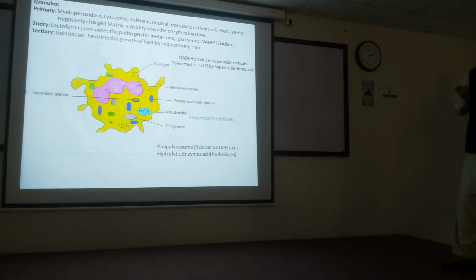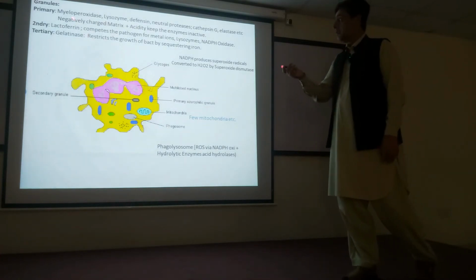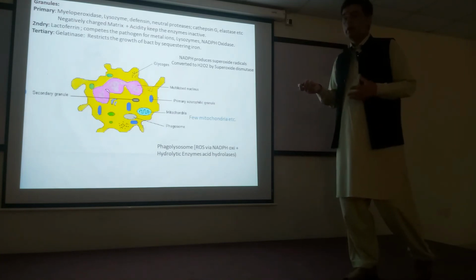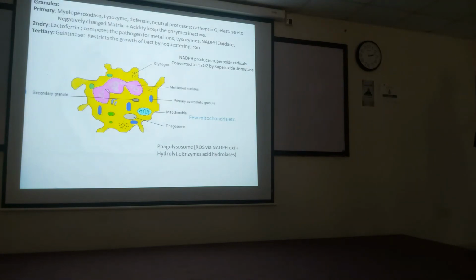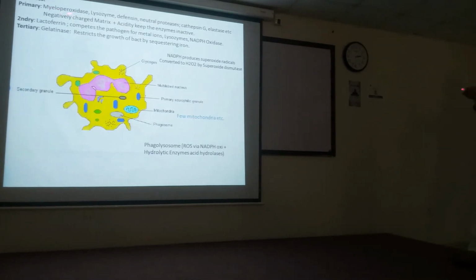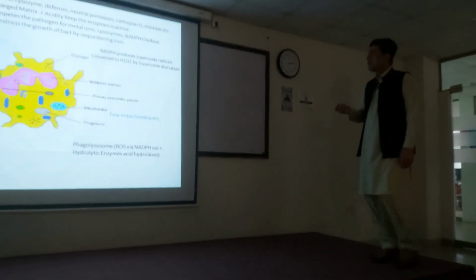They are going to neutralize or disintegrate or kill the microbe by releasing primary granules. When the pathogen is engulfed, it would be kept in a phagosome, and in that phagosome, these granules would be released on the pathogen.